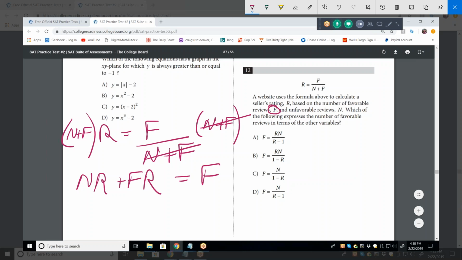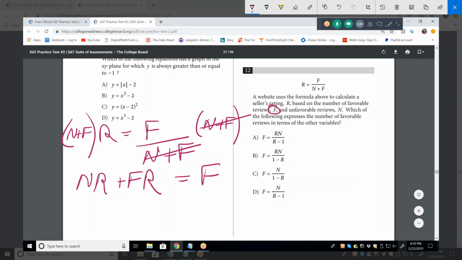Remember the term gather like terms. Now these 2 terms on the left side are like terms. They both have an r in them. But you're not trying to solve for r. You're trying to solve for f. So the like terms you want to gather together are the f's.